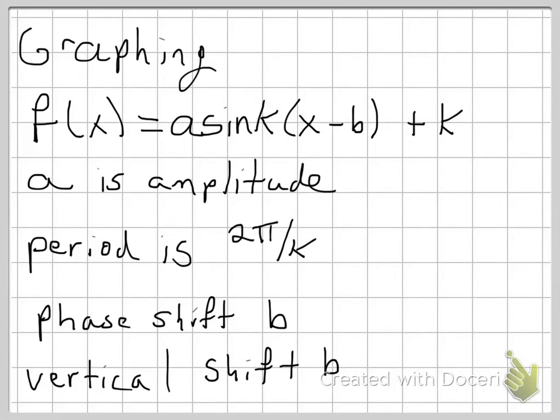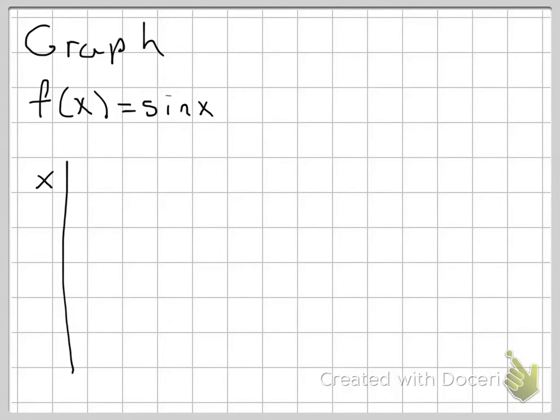Okay, so we're going to start off with just no phase shift B, no vertical shift K. We're going to start off with graphing just the good old sine curve. We use a 5-point method, and the points are 0, pi over 2, pi, 3 pi over 2, and 2 pi.